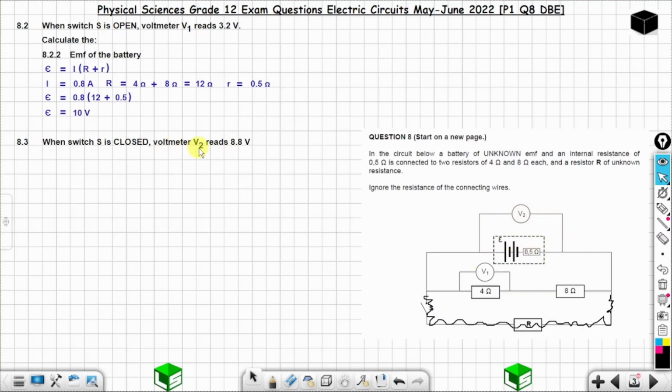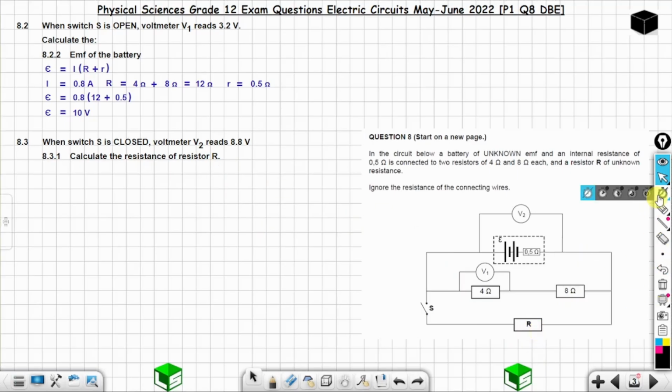So when switch S is closed, the voltmeter across the battery reads 8.8 volts. The question is 8.3.1: calculate the resistance of resistor R.